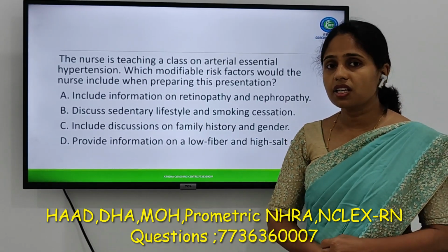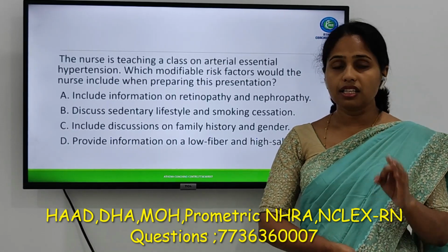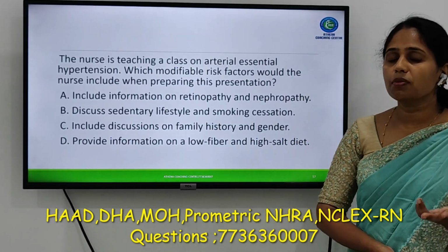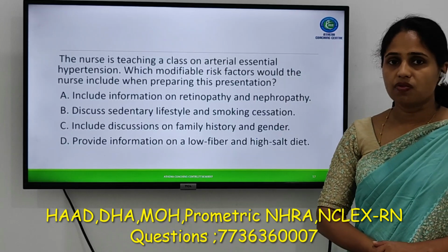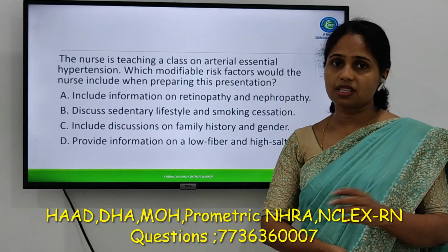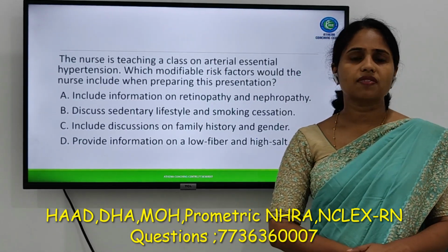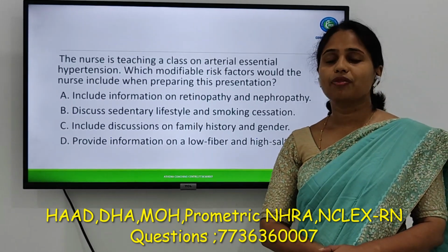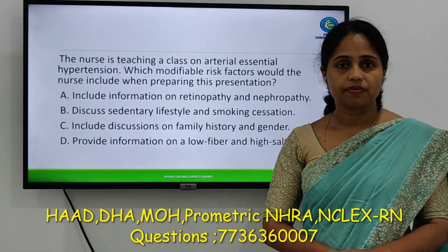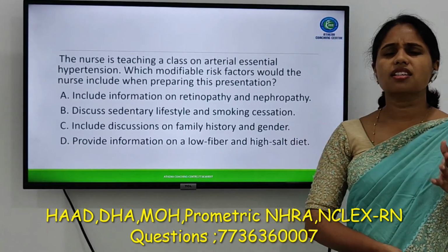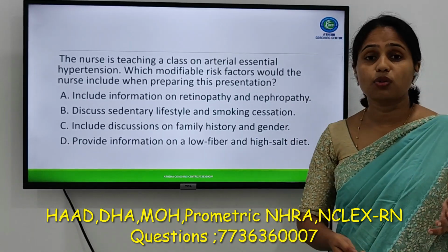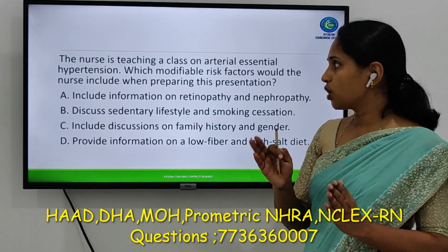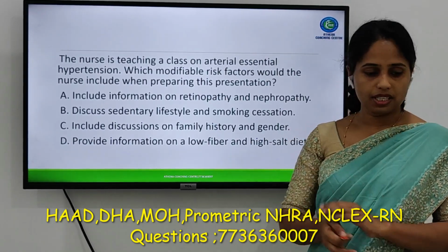Okay, so hereditary, age, gender. These are the terms which cannot be modified by person, which is considered as non-modifiable risk factors. What is modifiable risk factors? Sedentary lifestyle, obesity, lack of exercise, diabetes. Fine. So these are the certain factors where it can be modifiable. So you have to select the modifiable risk factors.